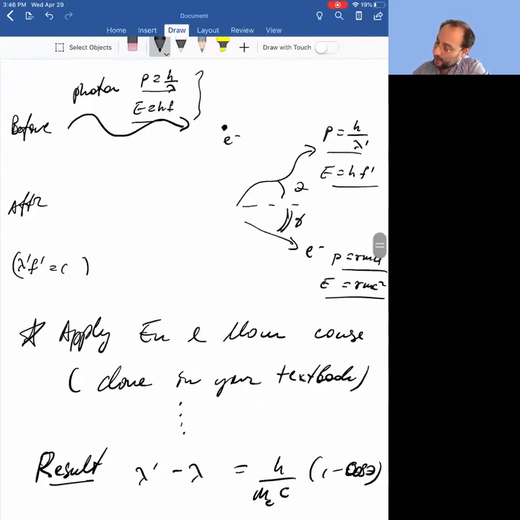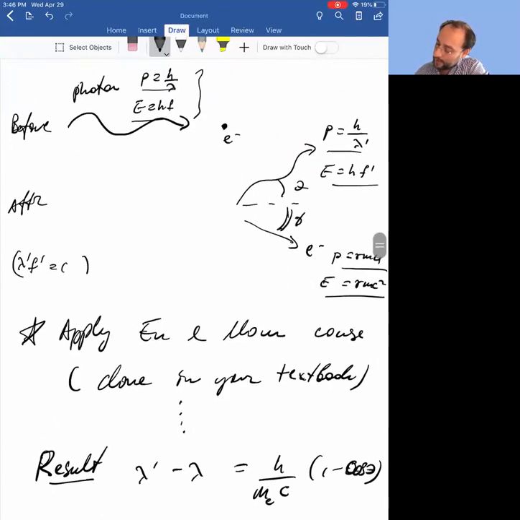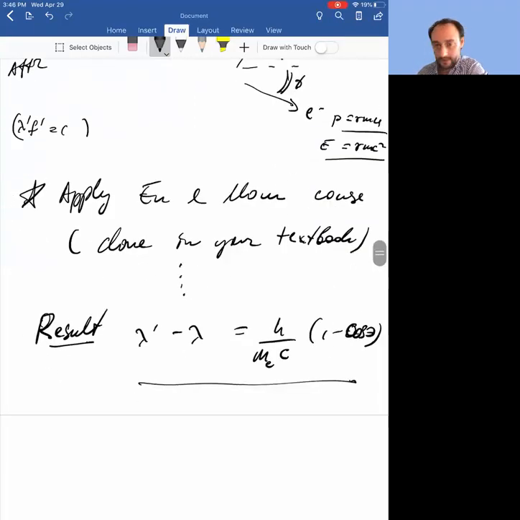You see, depending on where you place the probe, you can place the probe here at this angle, you will see one wavelength. If you place the probe here at this angle, you will see a different wavelength. So that's what this formula says, okay?